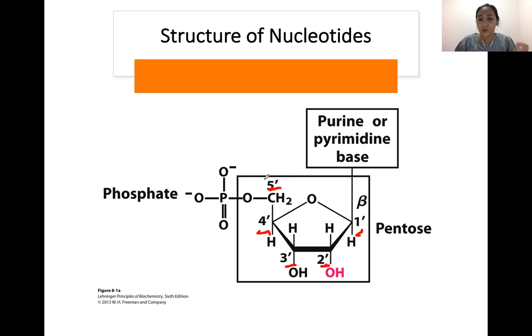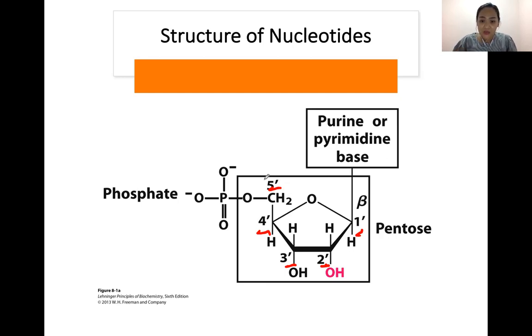The carbons are numbered 1' up to 5' so that we will be able to distinguish them from the carbons of the nitrogenous bases. Later, you will see that the nitrogenous bases will also have carbons, and these prime numbers let us distinguish which ones we are referring to when we are looking at the carbons of the nucleotides.